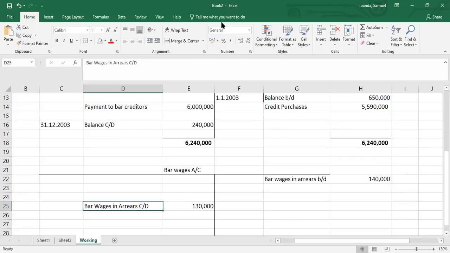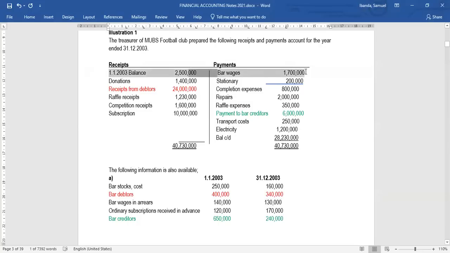So the next thing that I'll do is to record these receipts and payments of bar wages. These are the wages that were paid during the year. Now, every time we pay wages, it increases our wages account.